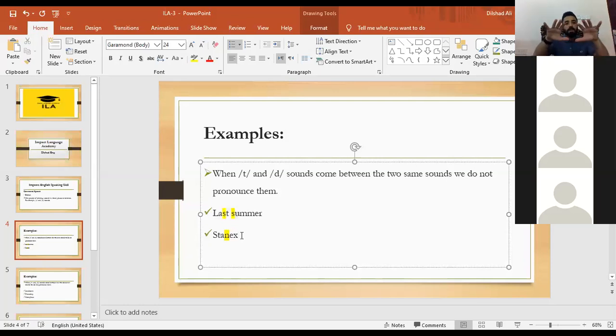Sometimes we even don't know what the word stand next is, but if it is within a context, when you're talking to somebody, then you will get what this word exactly means. That's why sometimes when we are watching movies, we hear some words that we do not exactly know how they sounded.